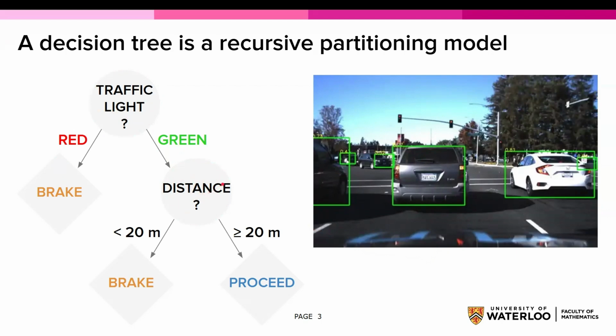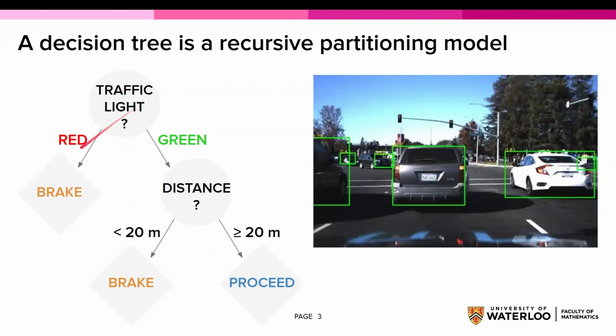This tree captures different driving scenarios and the corresponding actions, like braking or proceeding. Within this decision tree structure, each decision node represents a question that splits the input space into two regions. As you move down the tree, the model refines its decision based on these rules, resulting in specific actions at the end nodes.